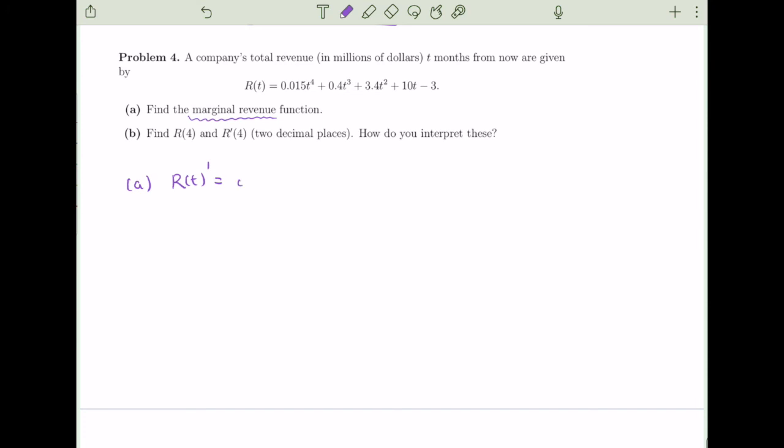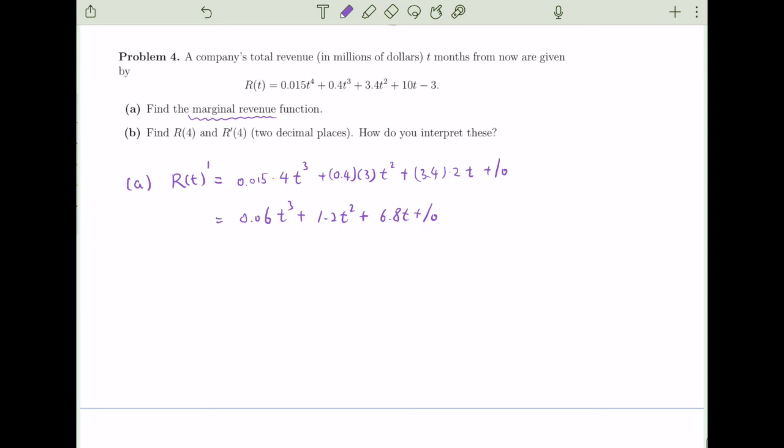And then it's 0.015 times 4 T to the 3 plus 0.4 times 3 T squared plus 3.4 times 2 T plus 10, which simplifies to 0.06 T to the 3 plus 1.2 T squared plus 6.8 T plus 10.